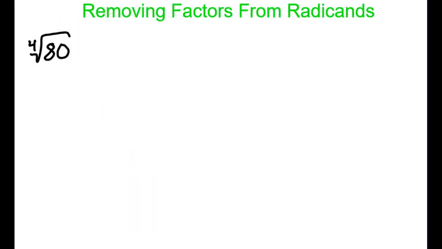Now we're going to go through some examples where we use some of those properties. We want to remove factors from the radicands, so what's underneath the radical. Just like when we started with square roots in Algebra 1, we were looking for factors that were perfect squares. Now we want to look for factors of 80 that are perfect fourth powers. So we have to be a little more creative, but I can break this up into the fourth root of 16 times 5.